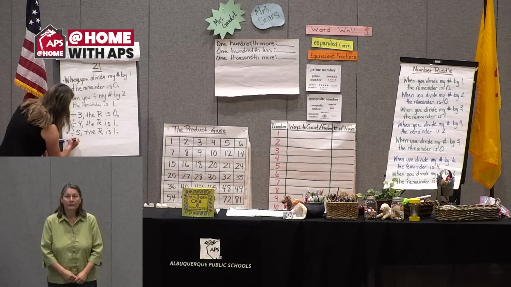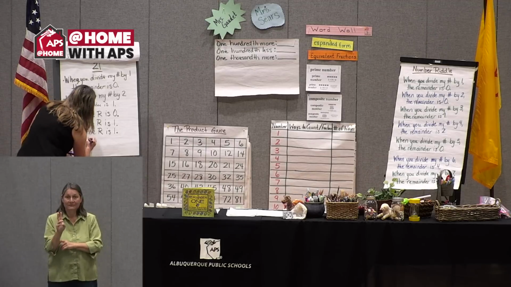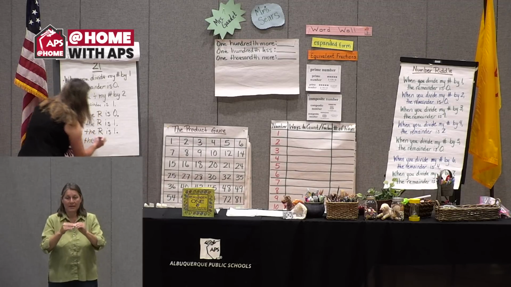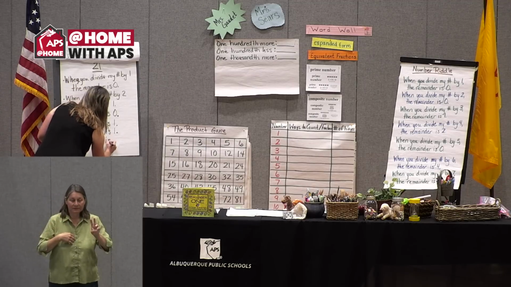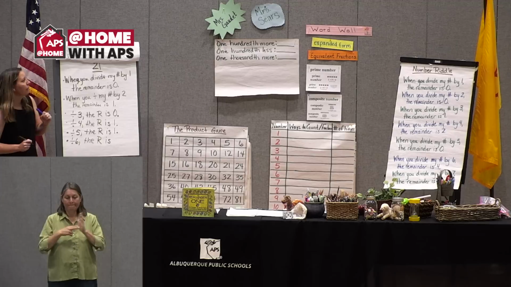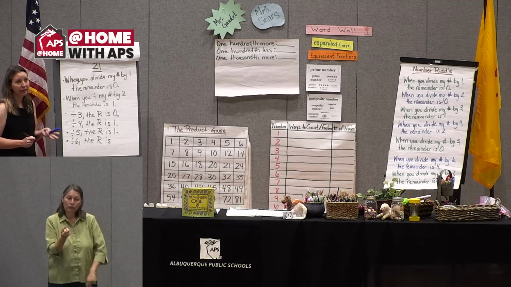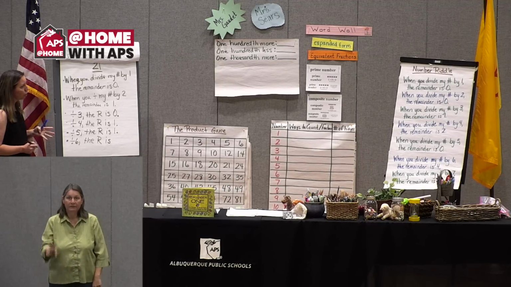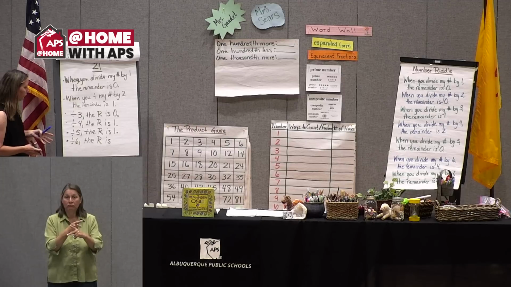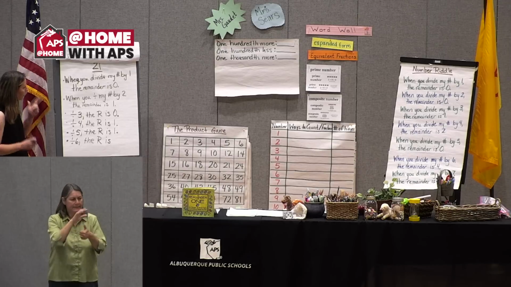All right, let's try 6. What would the remainder be? And we all know this R means remainder. We have 6 times 2 is 12, 6 times 3 is 18, 6 times 4 is 24. Oh, that's too much, so let's go back to the 3. 6 times 3 is 18, 19, 20, 21.